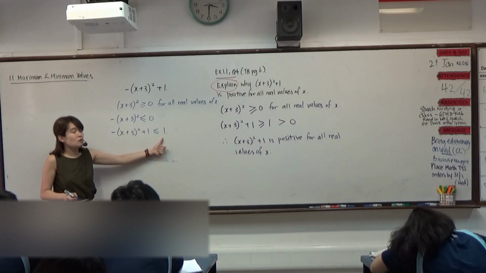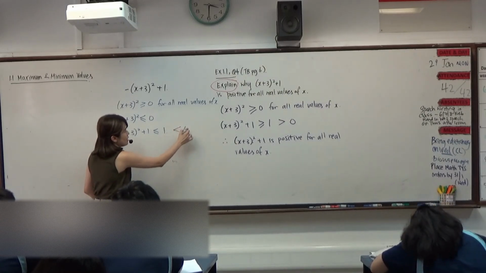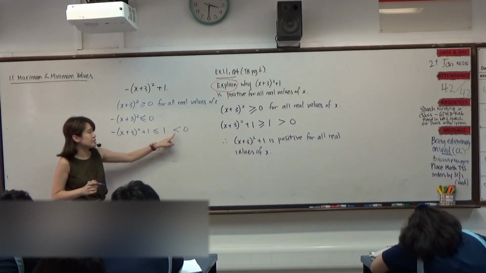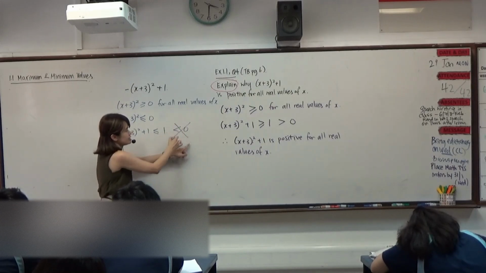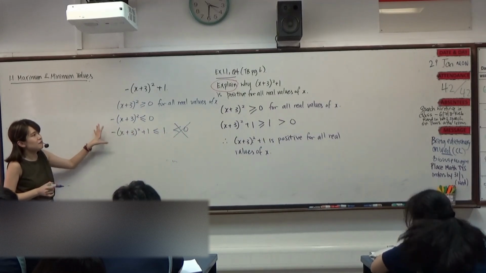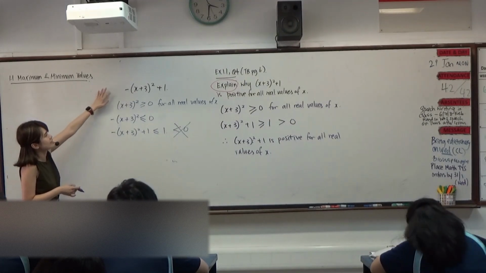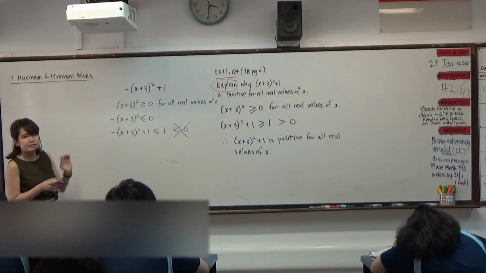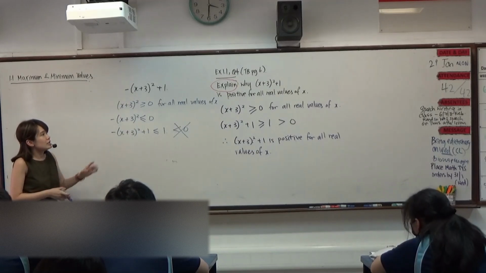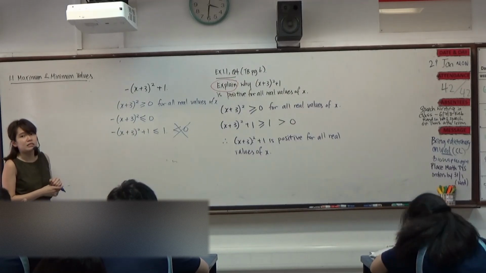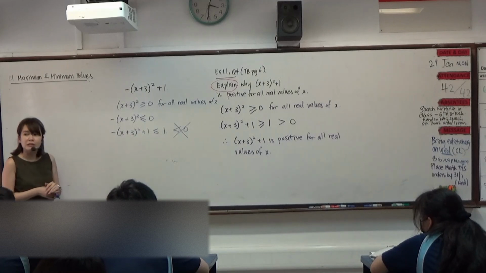So we cannot say that it is less than 0, because 1 is not less than 0, so it is not right to say this. For this statement, the question would maybe ask you to explain why this is always less than or equal to 1. They will never ask you to explain why this is positive because it is impossible.